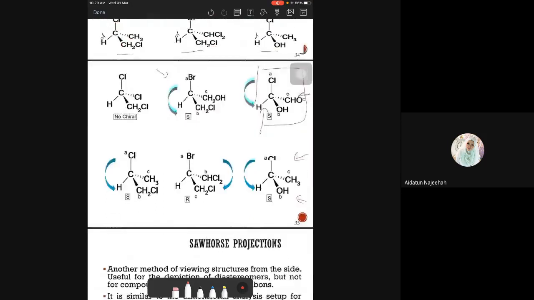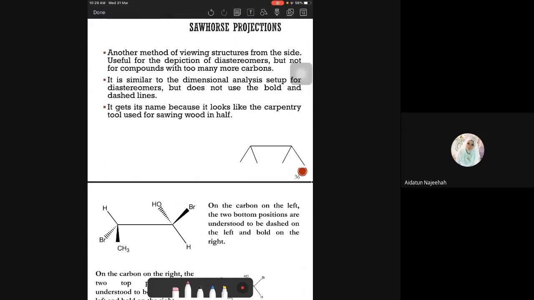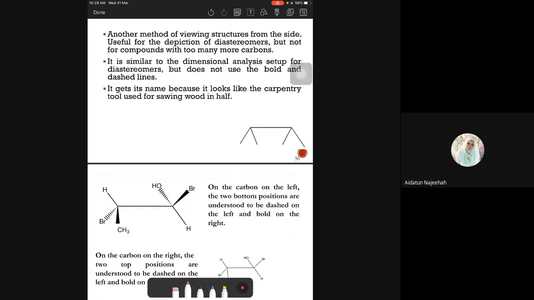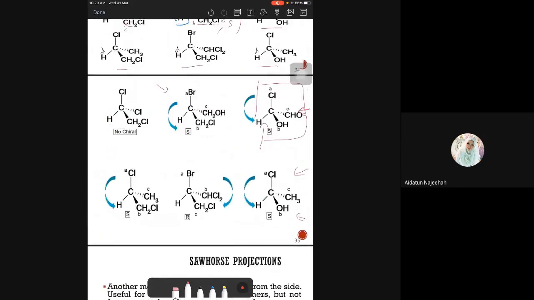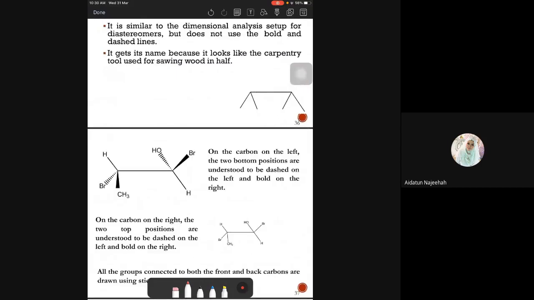Next class we will start with the sawhorse and the rest of the projections, using all of this R and S configuration. If you do not master or understand this, it is a problem, because this is just one chiral center. In sawhorse later there would be two chiral centers. You have to determine this one and also this one. You have to determine the configuration R and S.